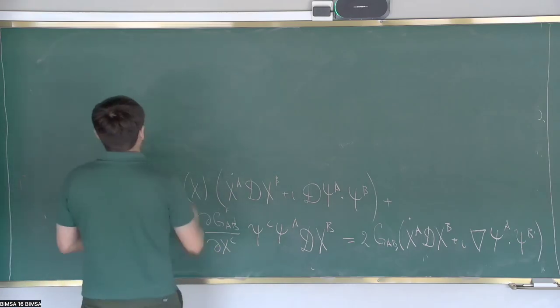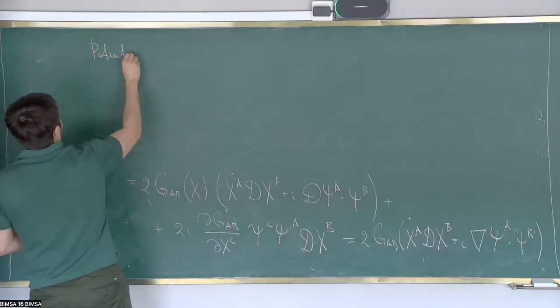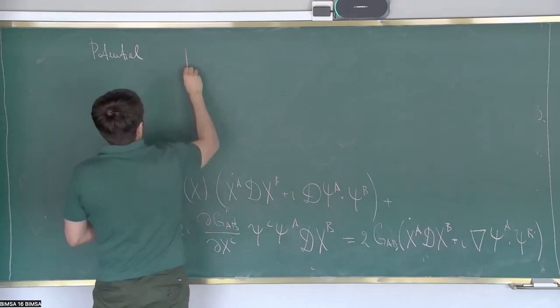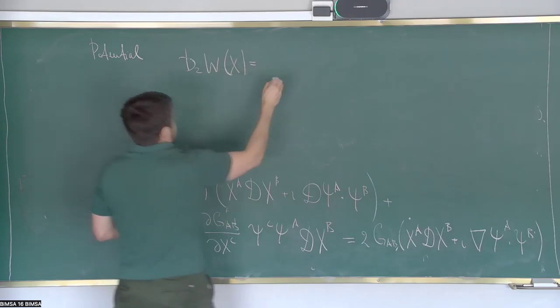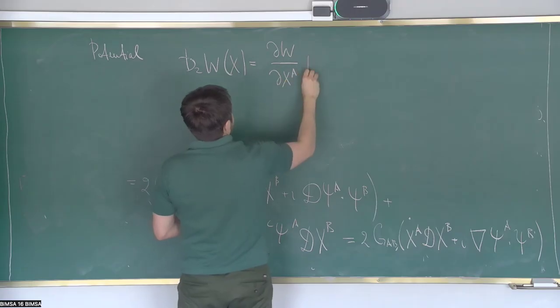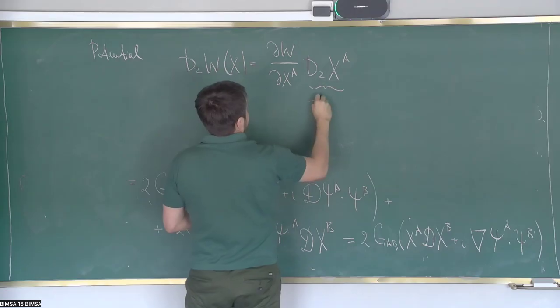So the potential term is easier. Basically, you just take a derivative of W of x. This is d. This is psi a.